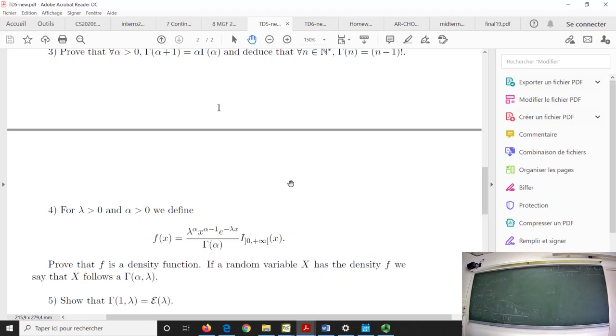Because the product is strictly positive. Here, the same for S and 1 minus Z. So at the end, I have S, Z, 1 minus Z that have the same sign. It is the meaning of this indicator function.